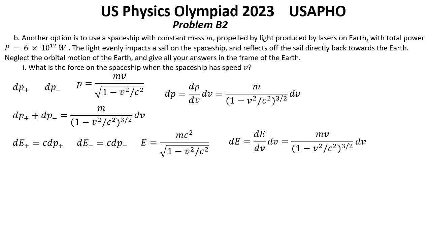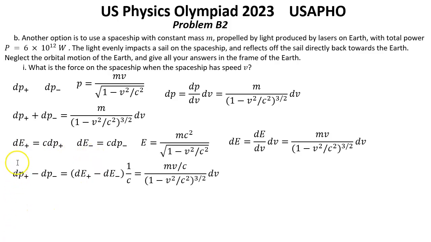It means that the change of energy was delta E over delta v multiplied by delta v, which is this expression. And this change of energy equals the energy difference between delta E plus and delta E minus. So using these two expressions for changes of energy, we can express them through the momentum difference, which is this one.